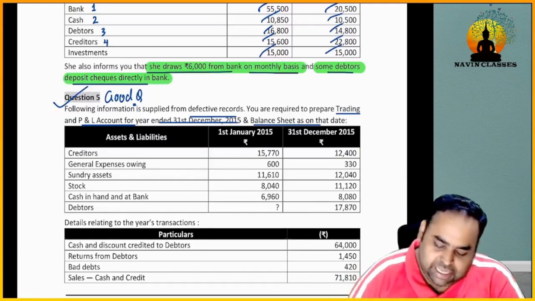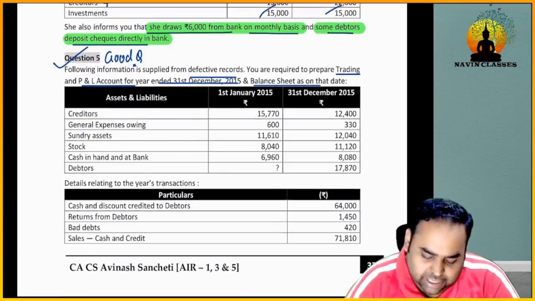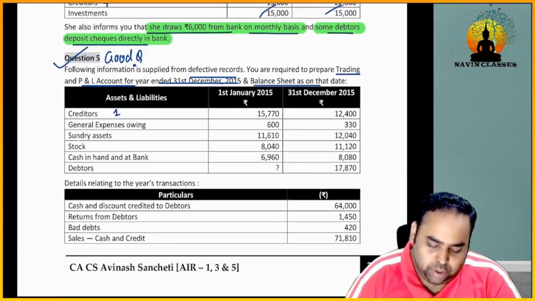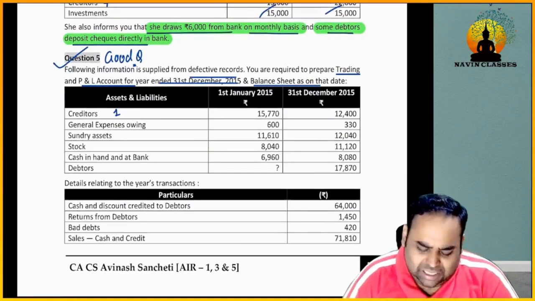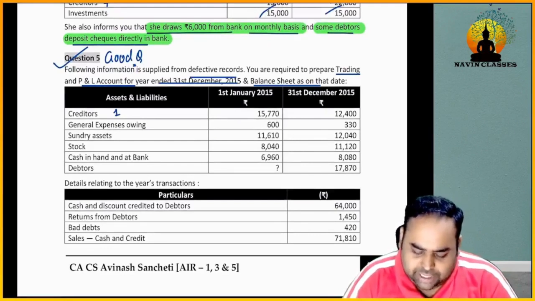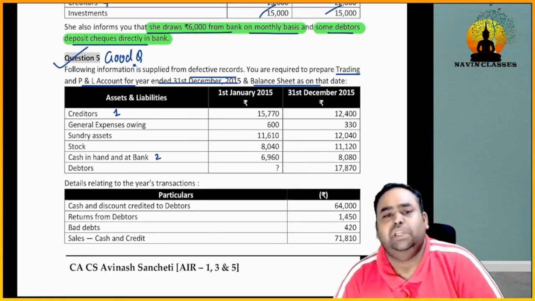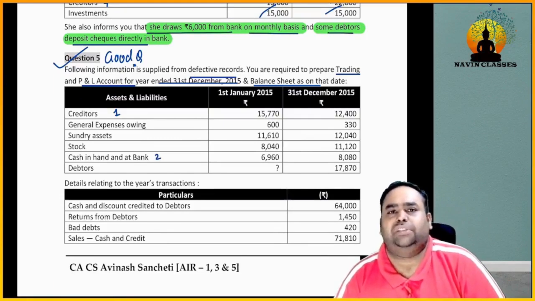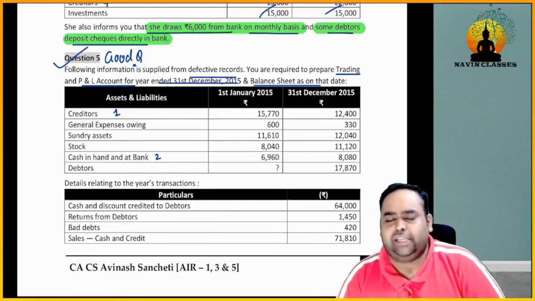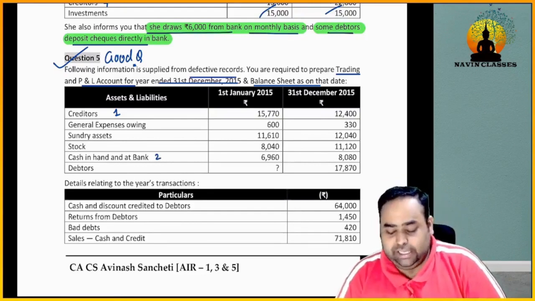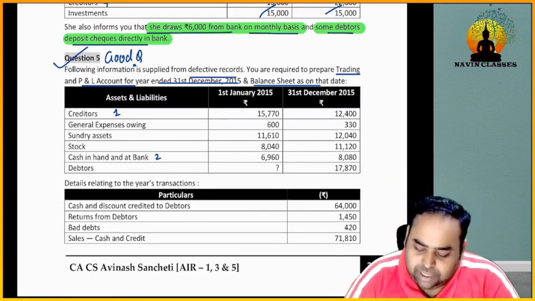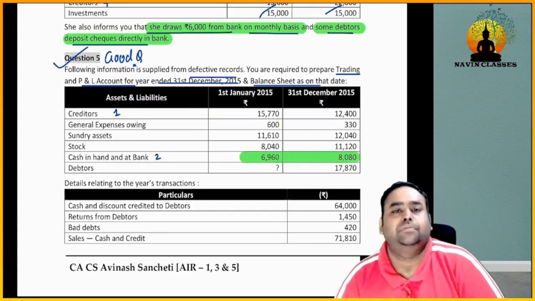At first, we are given the balances of ledgers. So I'll prepare the creditors account. I will not prepare outstanding expenses. I'll not prepare sundry assets and stocks. I'll prepare cash in hand and cash at bank. Until now, every question had either cash or bank, and if there was cash and bank together, it was given separately. This time, the question combined and provided the cash and bank balance.